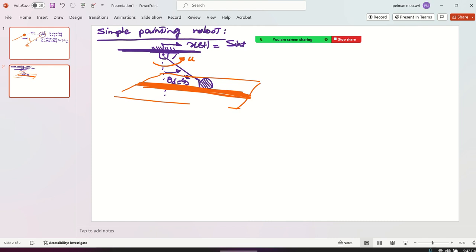I derived the equation of motion for you previously. If you look at your notes, it's theta double dot plus G over L sine of theta equals minus X double dot, the base motion, cosine of theta over L, plus U, the control input this time.